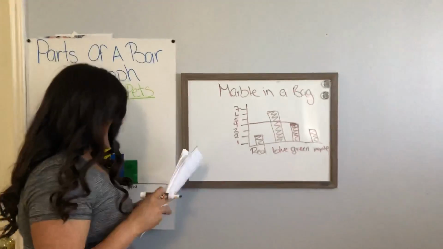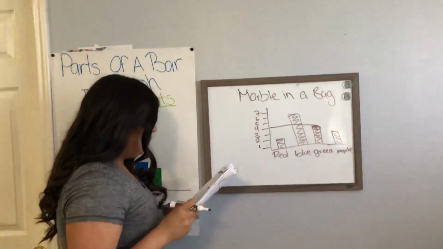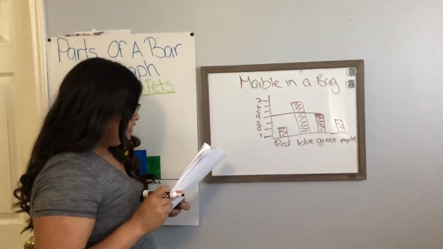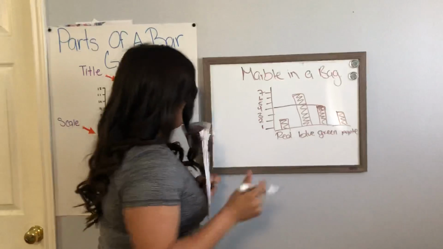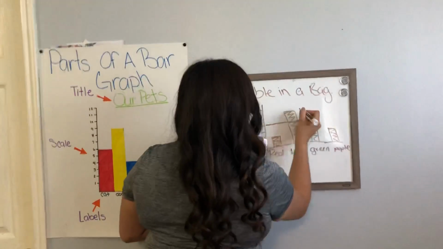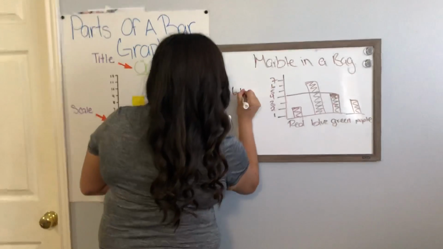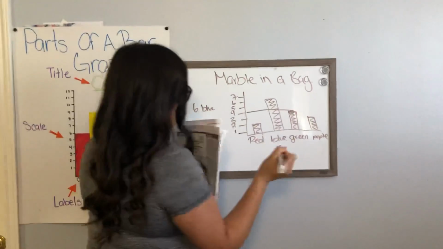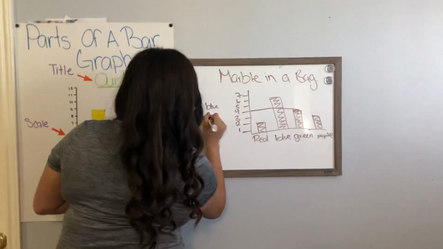Another question that could be asked on a bar graph would be, how many more blue marbles than purple marbles are in the bag? So that means we'll have to look. Blue, we know we have 6, right? And if we look at the purple, we have 3 purple.